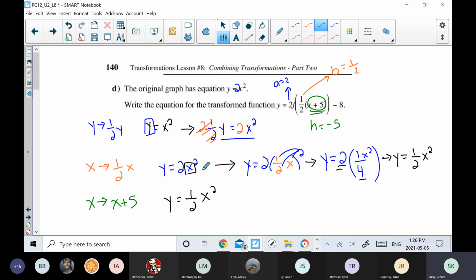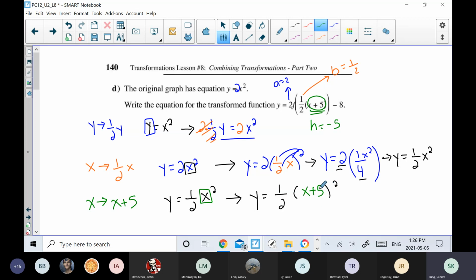And what the replacement is, this comes out and x plus 5 goes in. So put in an x plus 5 in a bracket with a square on the outside of the bracket. That would be y is equal to 1/2, and the replacement, x is replaced with x plus 5. So now there's my h parameter in there. My a parameter is in and my b parameter is in. This is where I'm at with my equation.